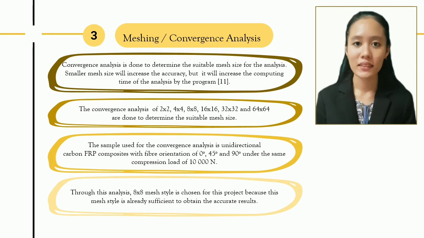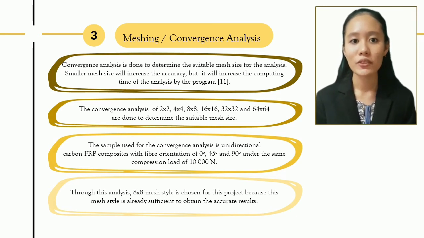Convergence analysis is done to determine the suitable mesh size for the analysis. Smaller mesh size will increase the accuracy, but it will increase the computing time of the analysis by the program. A series of convergence analyses are done to justify the suitable mesh size.